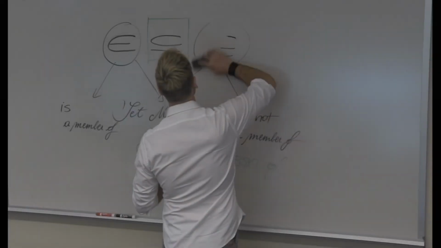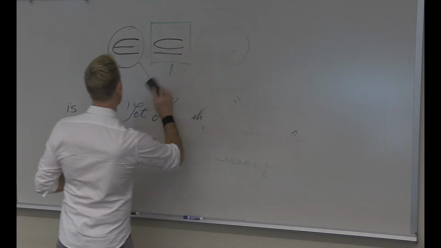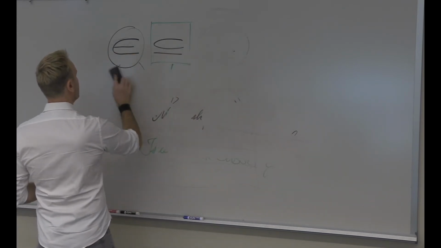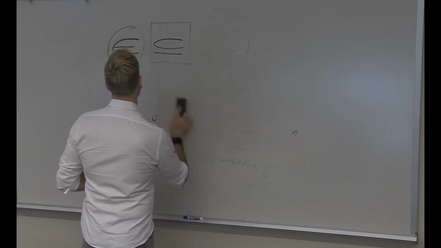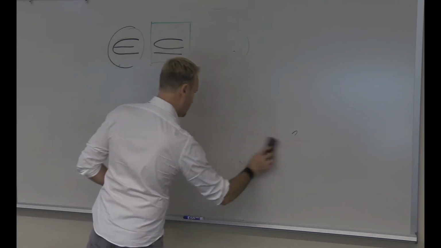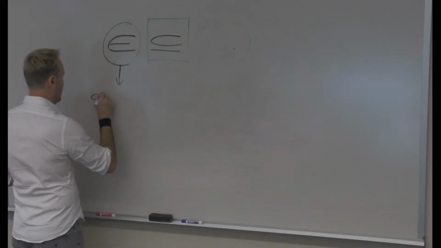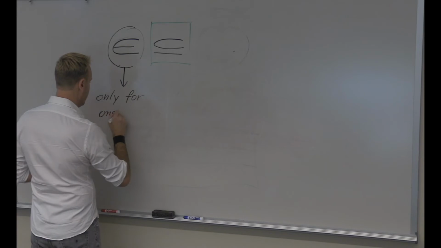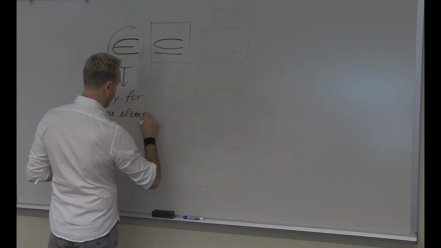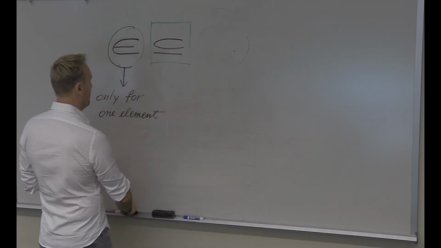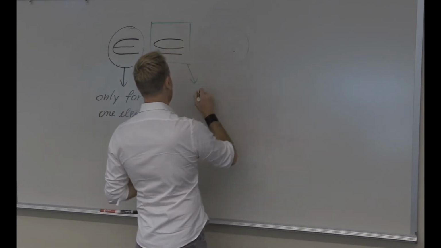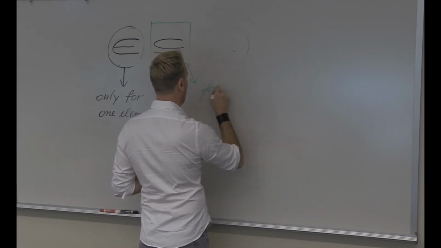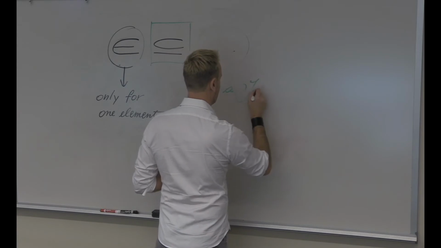All right, so what's the difference between these two symbols? Let's just make some room here. Well, this is only for one element, while this one is for a set, okay?